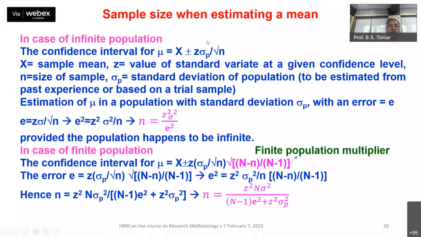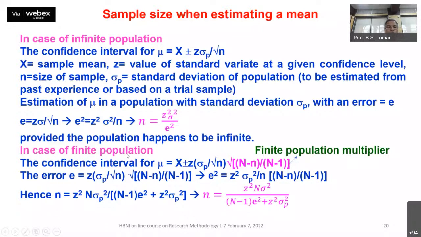Actually, mu minus X is the error, so error E equals Z sigma by root N. You want to find out how many samples you have to analyze to get an estimate of mu with a certain error. So E square equals Z square sigma square by N, or N equals Z square sigma square by E square. This is for an infinite population, because here you are taking sigma_P.